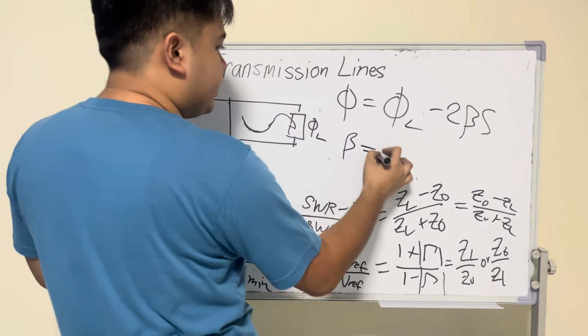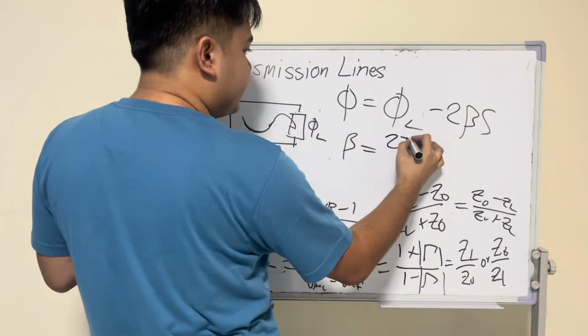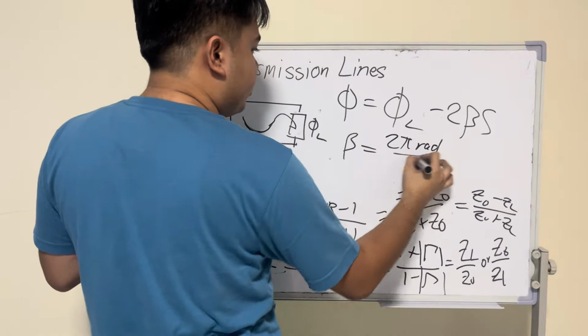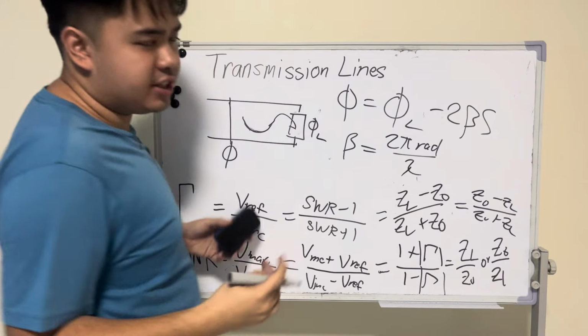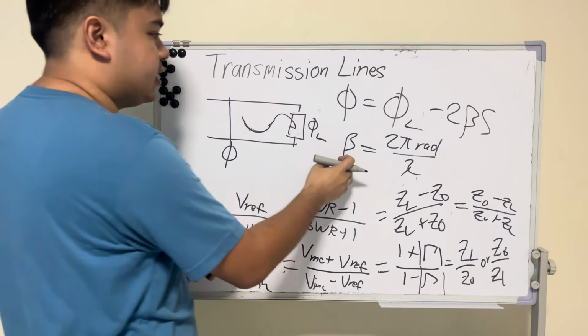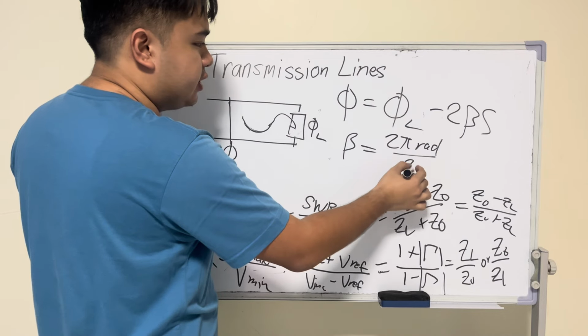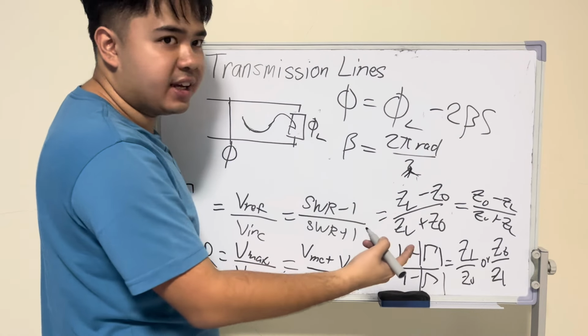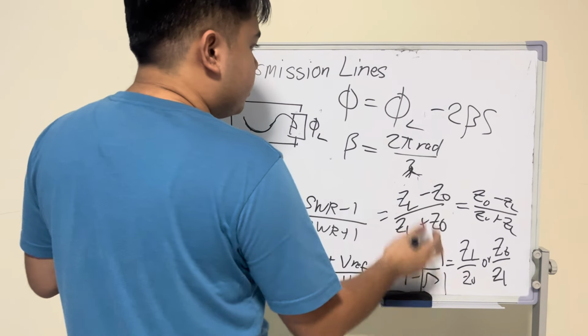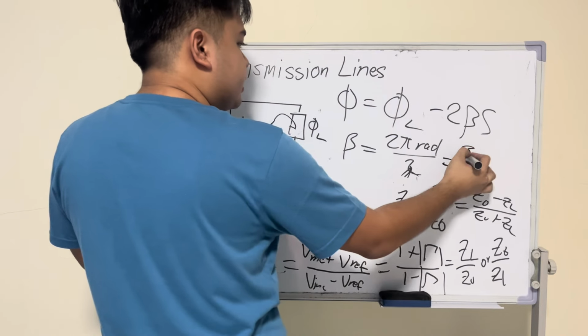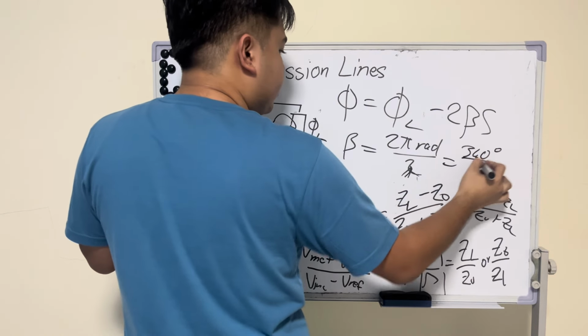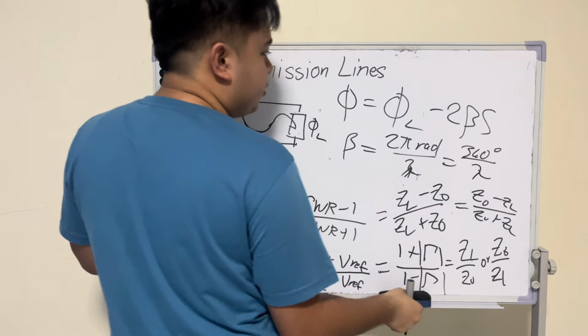The phase shift angle is 2 pi radians over the wavelength, which matches the description earlier that this is the change in phase per meter, and the unit of the wavelength is in meters, right? In degrees, this is 360 degrees over lambda, or the wavelength.